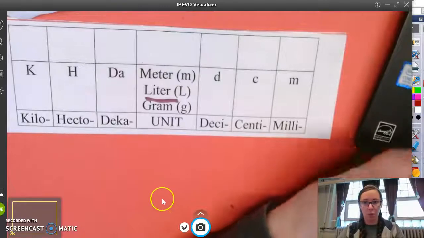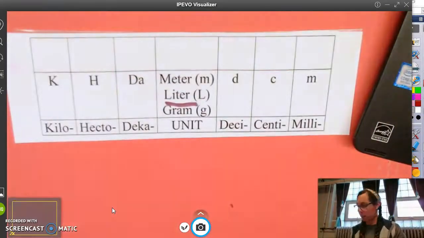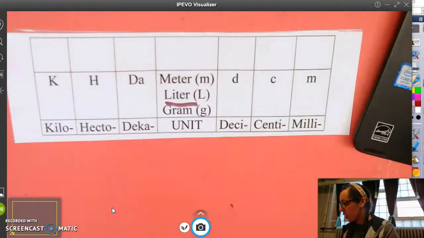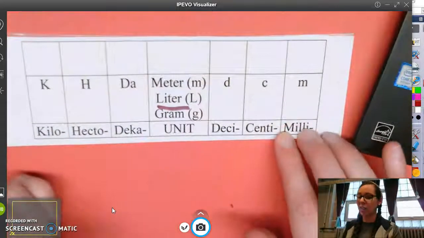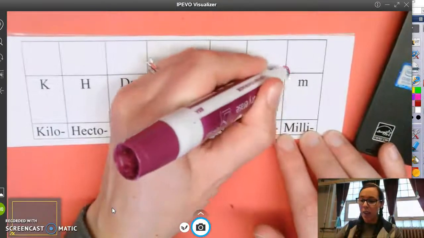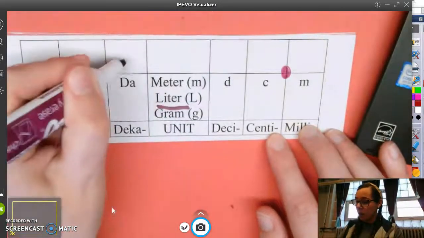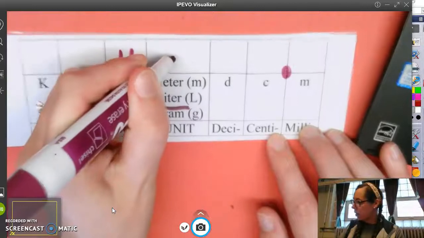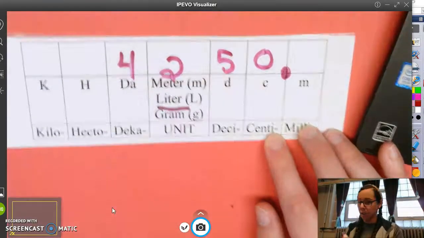Okay, so for this one, we are converting 4,250 centimeters. So if we're using centimeters as our unit, I'm going to put my decimal point at the end of centimeters because that's the unit we're using. 4,250 centimeters.